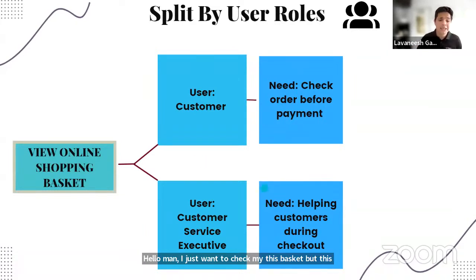In those cases, the customer services executive just wants to go and check that basket and maybe help you out. The need that we are fulfilling for this customer services executive is they want to help out the customers during their checkout process. And this eventually will help the company to have better customer satisfaction ratings as well.